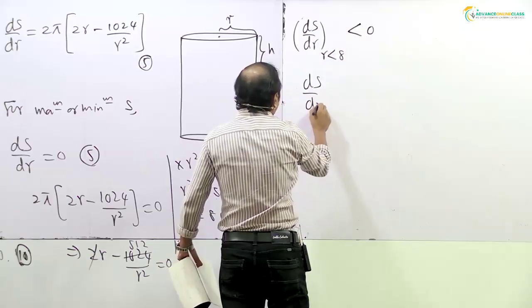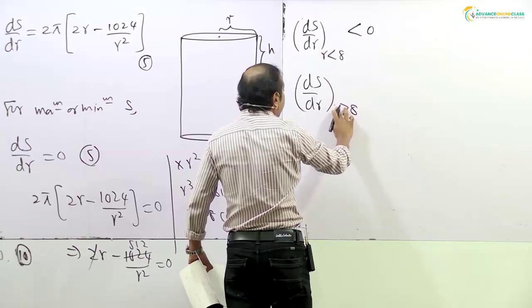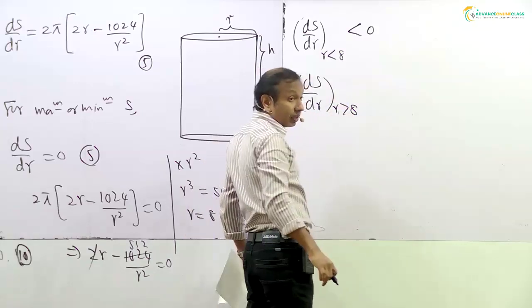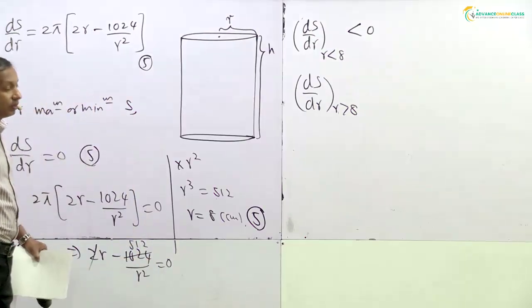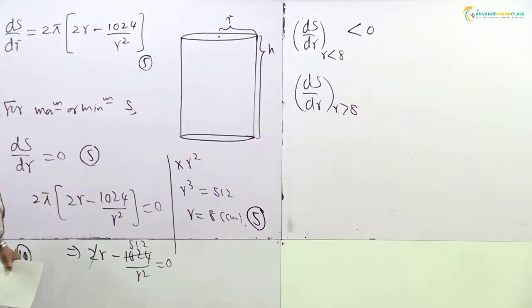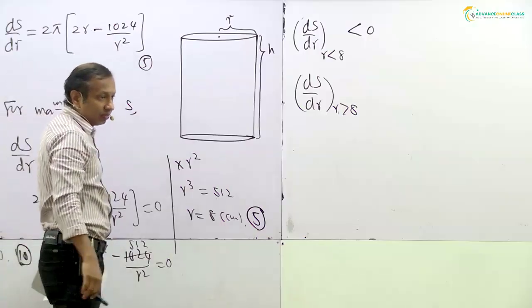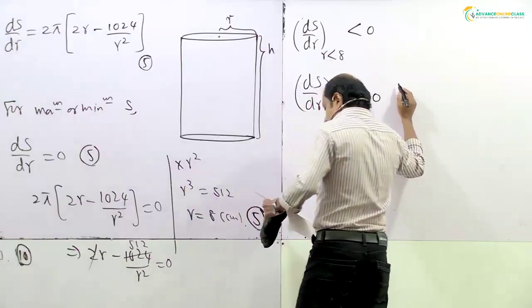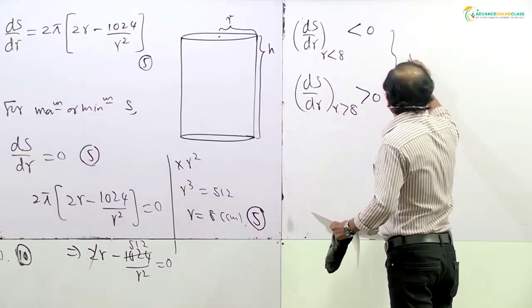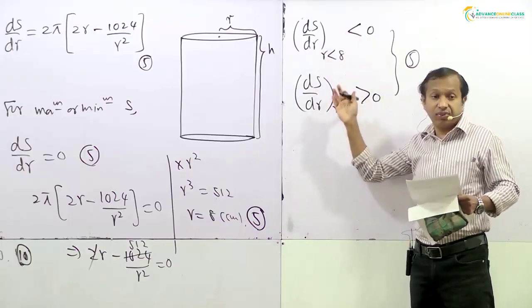ds over dr when r is greater than 8. Suppose 20, 40 here, but this is less than 40. It is positive now. For these 2, 5 marks we get. So what can we say with this?